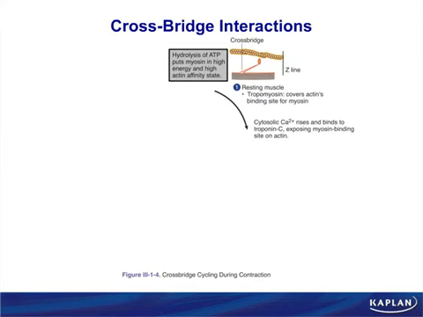All right, let's walk through a single cross-bridge cycling event. Here we are in the resting state. Actin and myosin are not interacting, they're not binding, but myosin has split ATP. So myosin, remember, when it splits ATP, it's in a high energy, high affinity state. High affinity for the actin molecule.